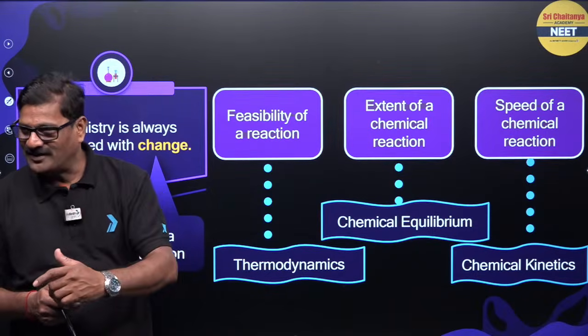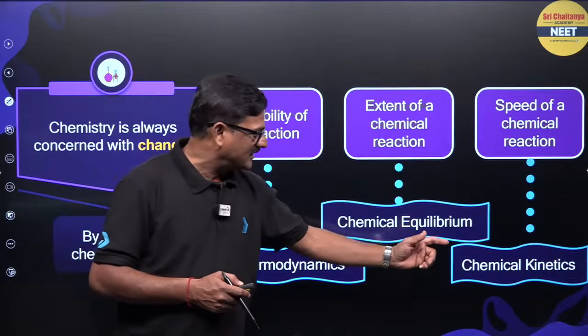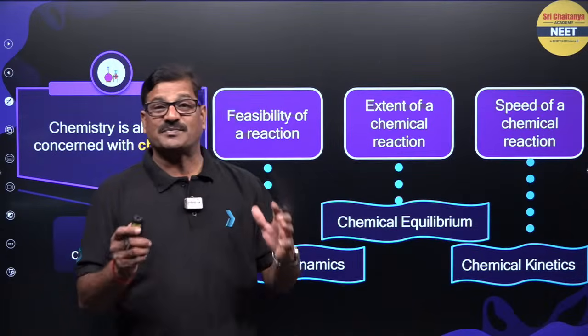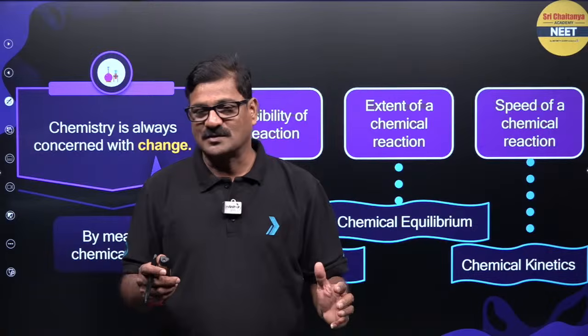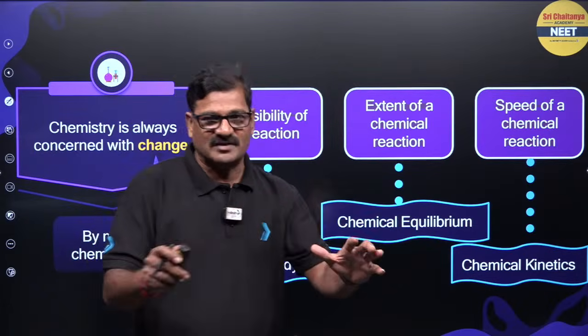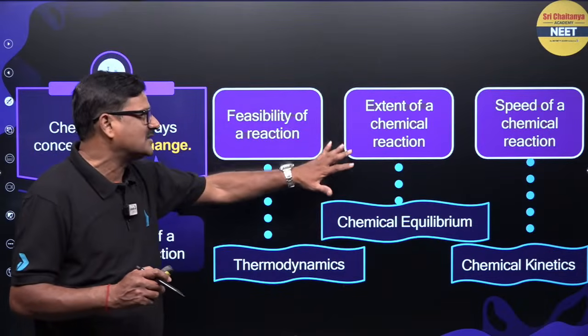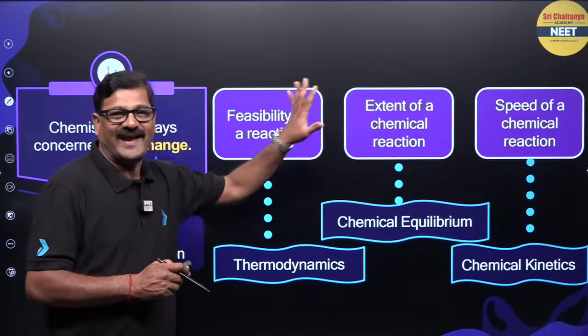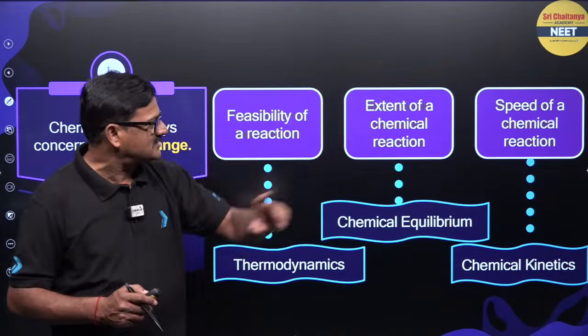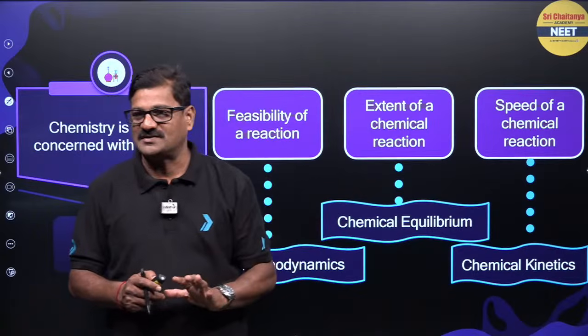Chemical kinetics talks about the speed of a reaction. So chemistry is a study of chemical reaction. The physical aspects of a chemical reaction are the feasibility, extent and speed. Today we are going to discuss the speed of a reaction.